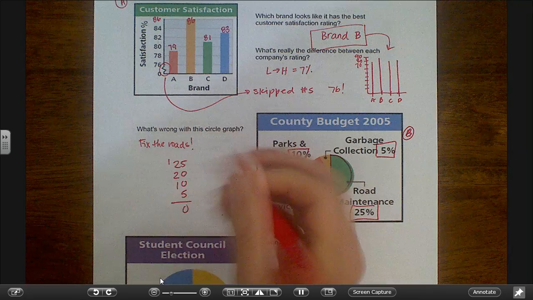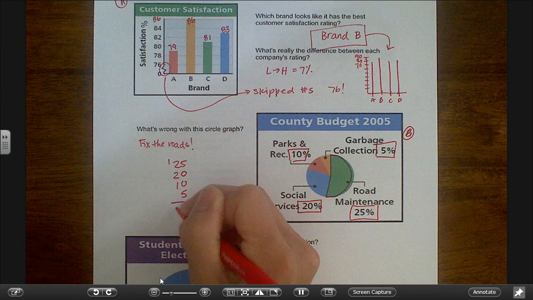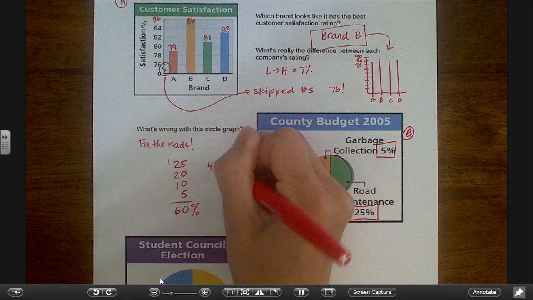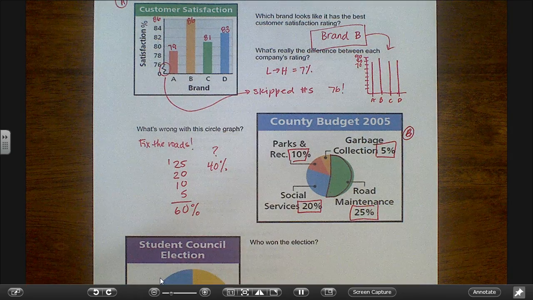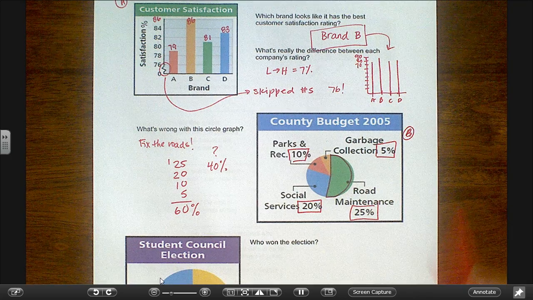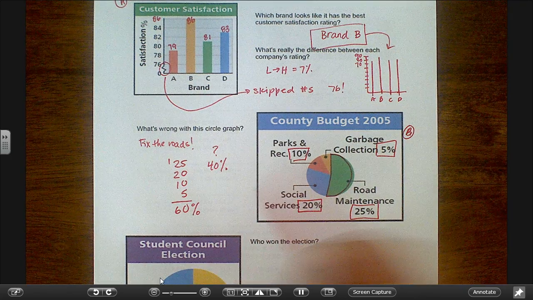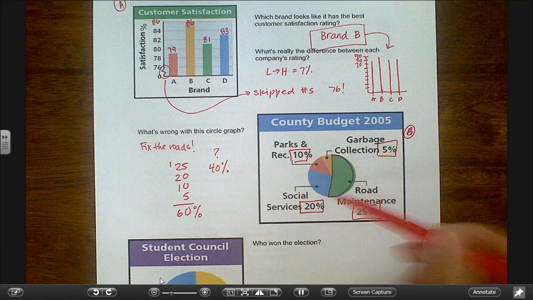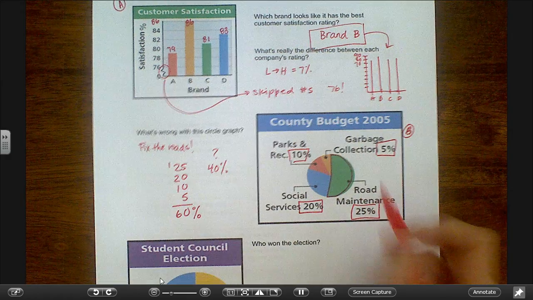So if I add all these up, what do I get? I only have 60%. So my question is, what's the other 40% of this budget being spent on, right? So that's why this graph would be misleading, because there's a whole 40% somewhere that's not even put into this graph in the first place.